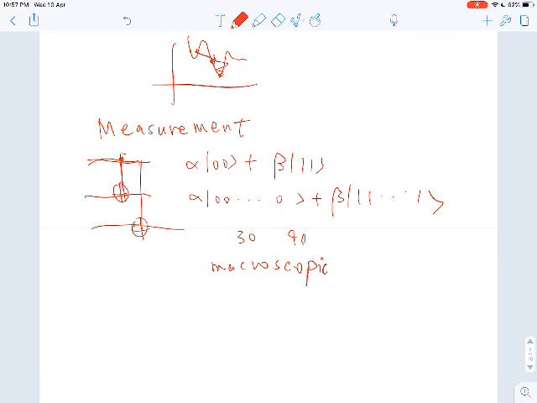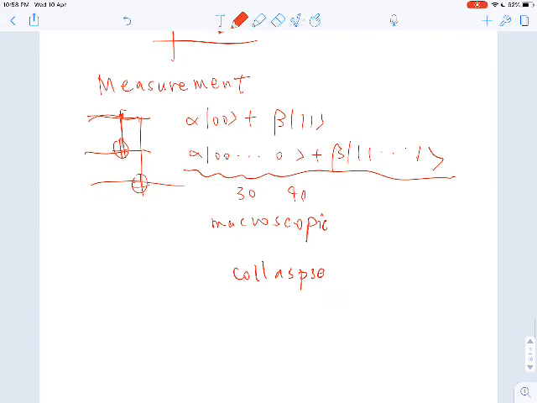And this means this entanglement state cannot hold. It just collapses into some zero state or one state.